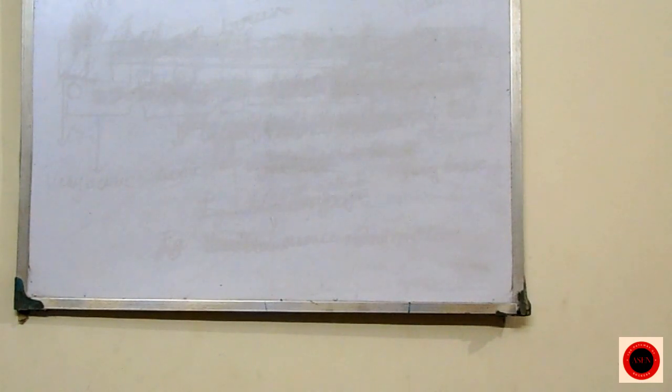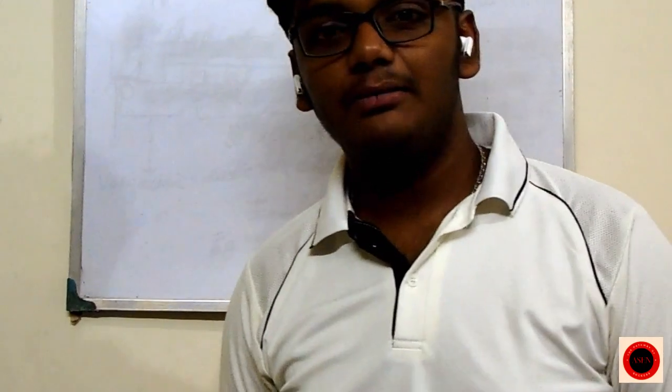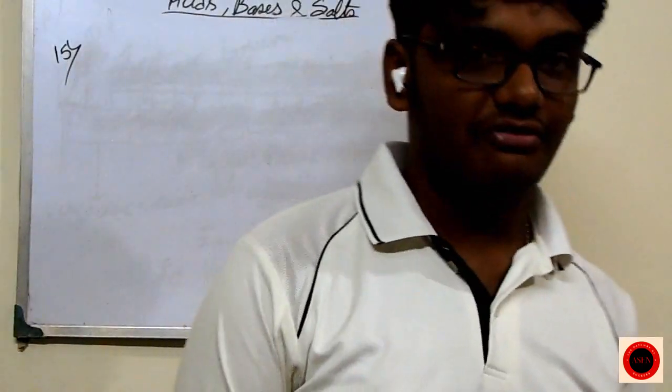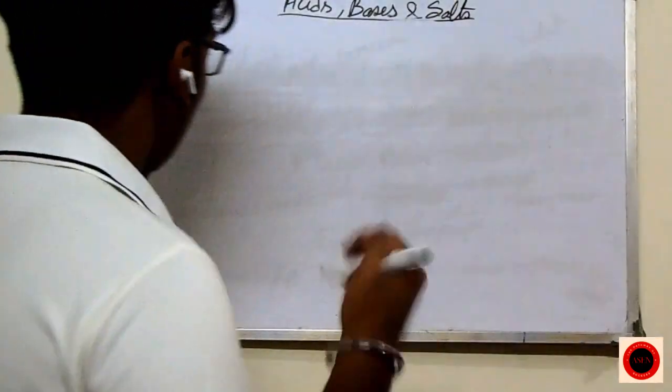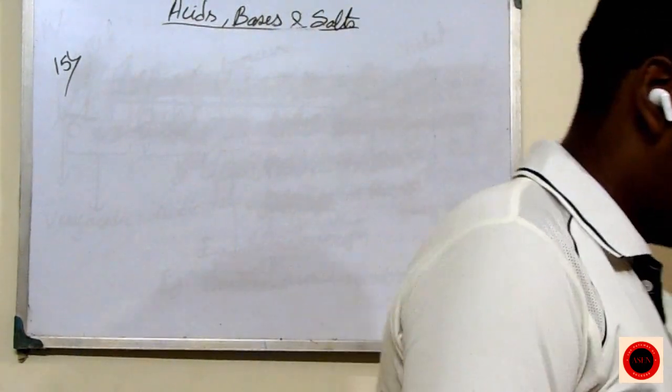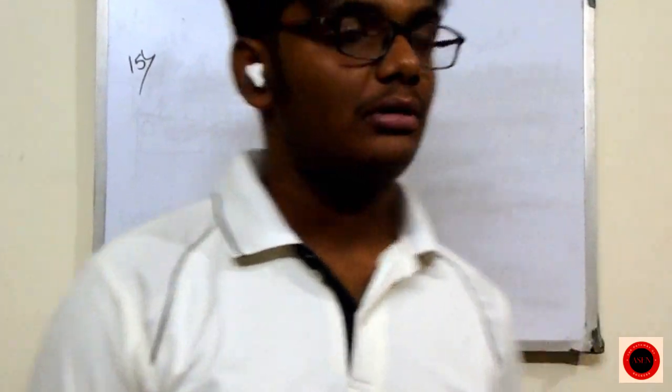Okay. Now, importance of pH in our everyday life. Our body works within the pH range of 7.0 to 7.8. As I have told, blood is neutral in nature, that is 7.